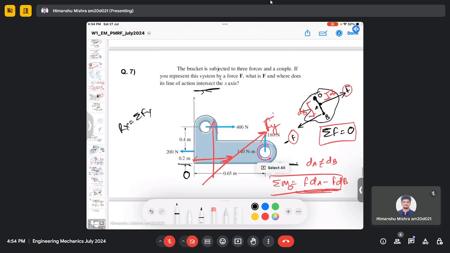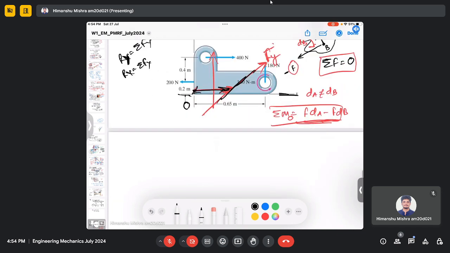We need to calculate the overall force and this distance from origin to this line. So first let's use the summation of force equation and the moment equation.